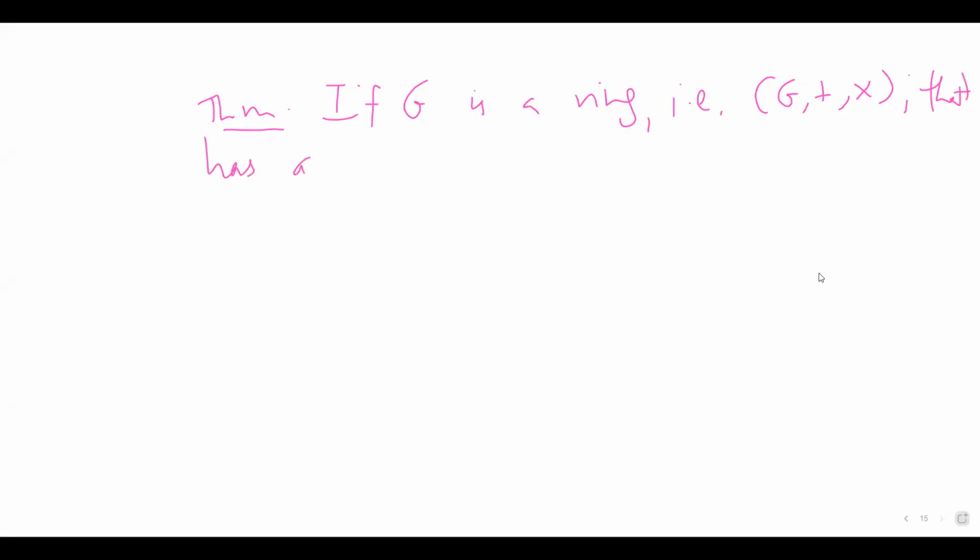So these are examples of commutative rings. Then we make a theorem that says that if R is a ring, that is R with plus and times, that has a unity element, then this element is unique.